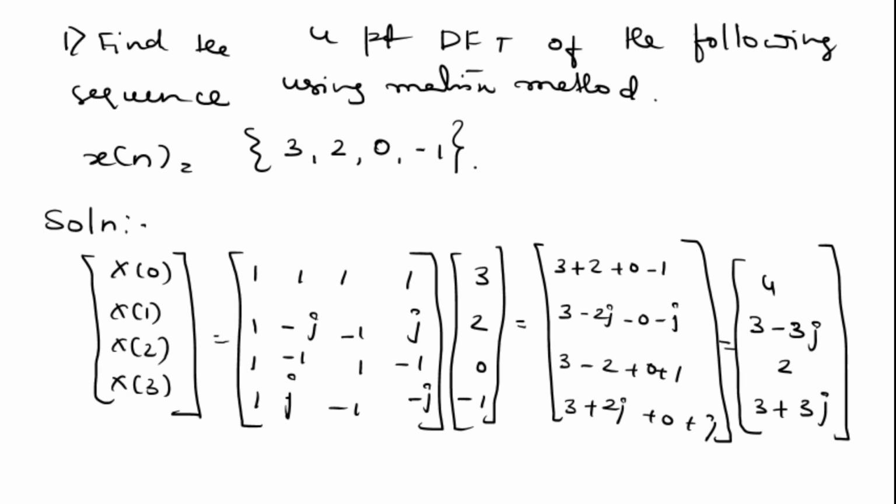Or we can write X of k is equal to 4, 3 minus 3j, 2, 3 plus 3j.